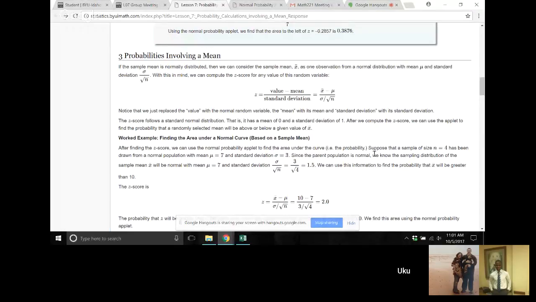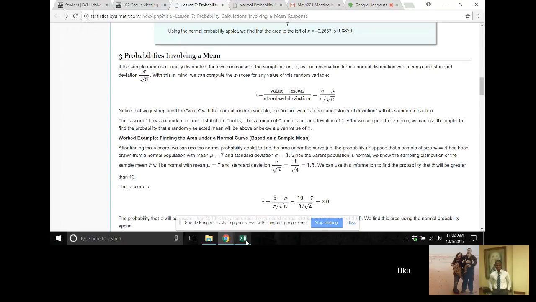So I'm thinking, 3 over 4. 3 was the standard deviation. The square root of n would be 5, and then our standard deviation will be 8.8. So we're pretty much getting 8.8 divided by the square root of 5, because that's how we get our standard deviation, and then from there we can use it to get the z-score.